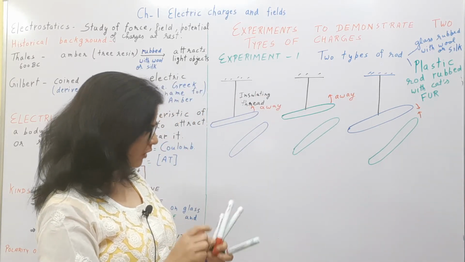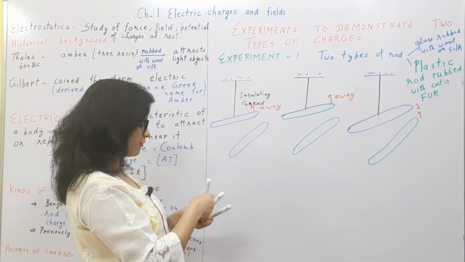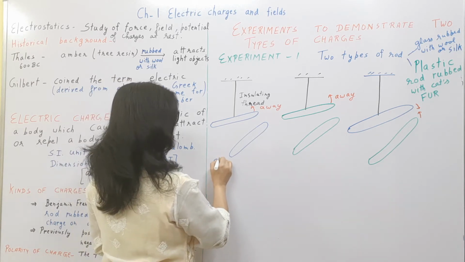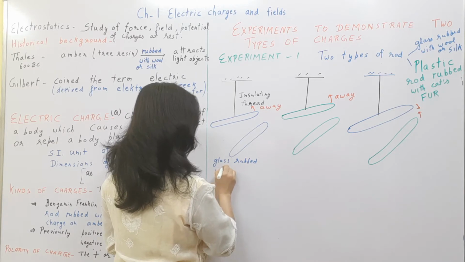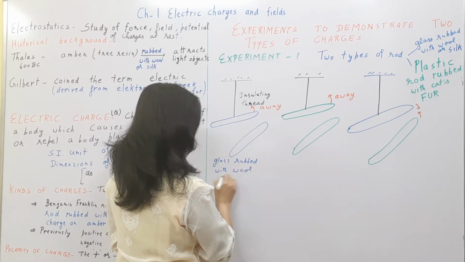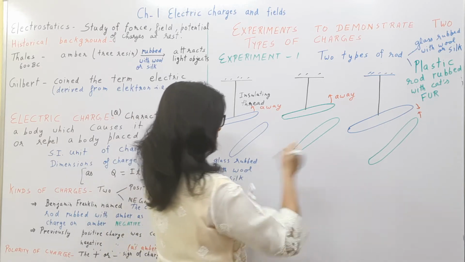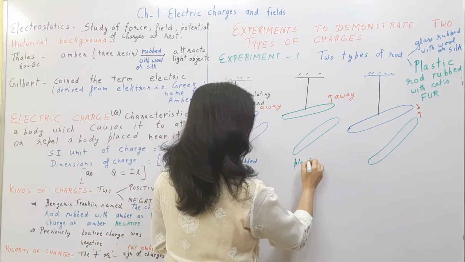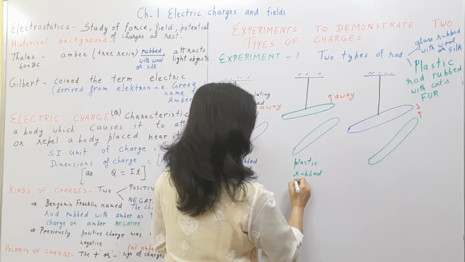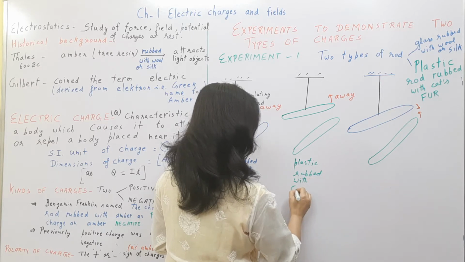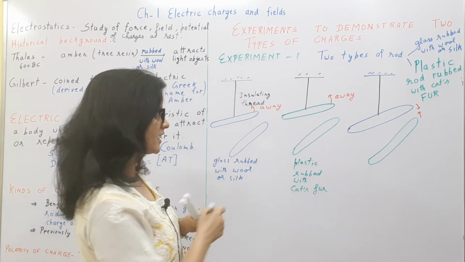Now later it was found, this shows that there are two types of charges. So these two rods, which are glass rubbed with wool or silk, and this is plastic rubbed with cat's fur, are opposite.